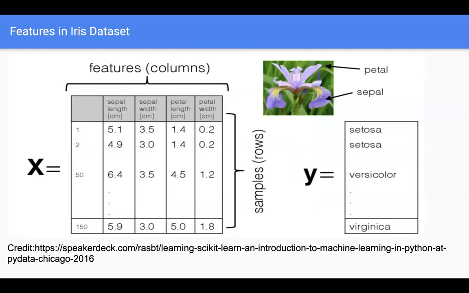For this iris flower data set, we have the input feature set, which, as you can see, is represented by X, and the individual columns represent the different feature types associated with that flower. So you have the sepal length, the sepal width, the petal length, the petal width. These are the 4 columns. Then we also have the labels for each of these.